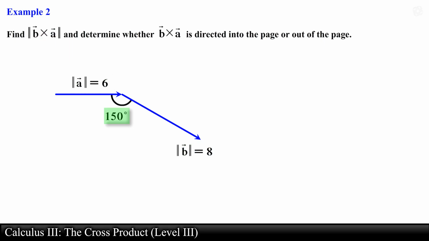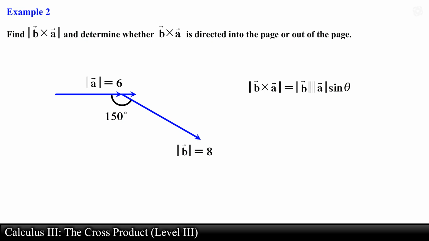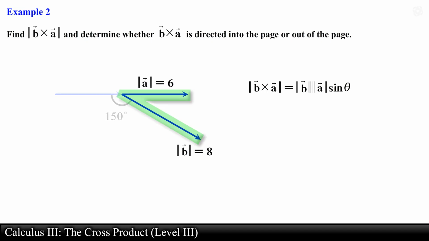Notice that this angle is not the angle we usually use for computing the magnitude of the cross product by using the geometric definition, since this angle is not between vector B and vector A. We can easily find the angle between the two vectors by shifting vector A so that its tail aligns with the tail of vector B, as follows. Then, it is just a matter of using geometry to find the angle between vector A and vector B. In this case, it will be equal to 30 degrees.